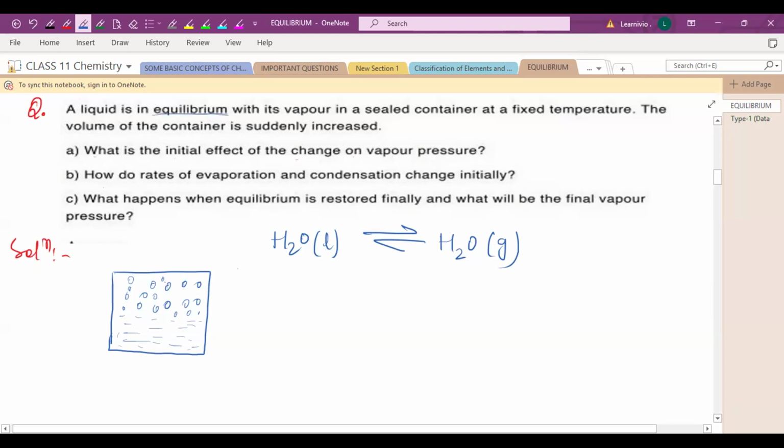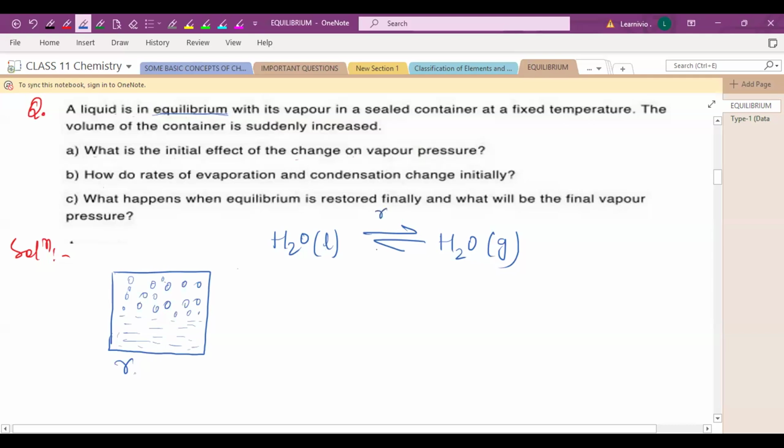A liquid is in equilibrium with its vapor in a sealed container. It means that the evaporation process is going on as well as the condensation process. You can see this is the reaction. The liquid is being converted into gases, so this is your evaporation process. Here you will talk about the rate of evaporation.